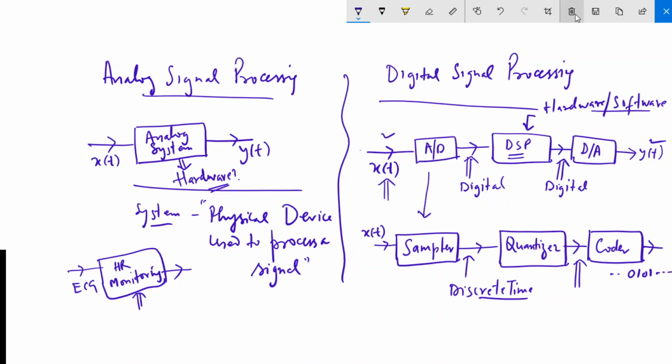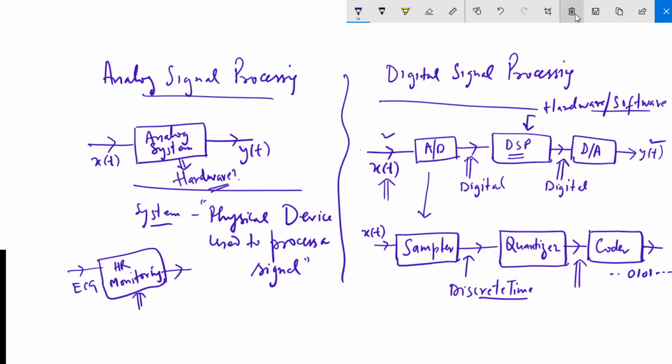So it has flexibility, in the sense that you can implement the system in either hardware or software. Another important advantage is that DSP systems are somewhat cheaper as compared to analog systems.